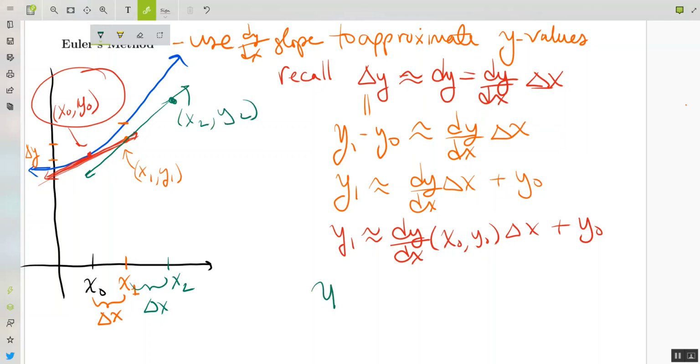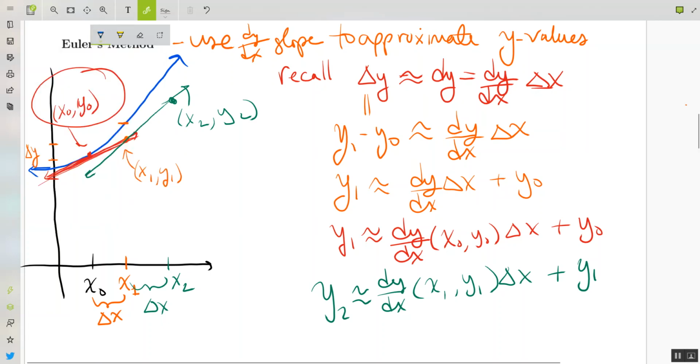What should the value of y2 be based on what we've seen so far? Well, it should be dy/dx at my new base point x1, y1, times delta x plus my previous y value, because I just added on to my previous y, which would be y1. So I'm hoping what you're seeing is that using two slopes instead of just one like we did with my first example puts me closer to the actual value, because the actual value should be right here.